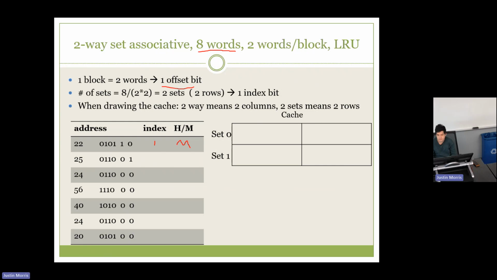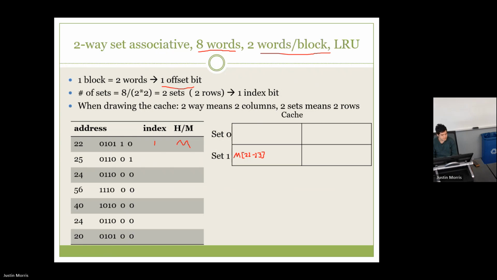This one or this one? The first one. It doesn't really matter. So let's just put it in the first one. And what goes in here? Memory at what? 22, 23. Yes. 22 through 23, because we have a 2-word block.